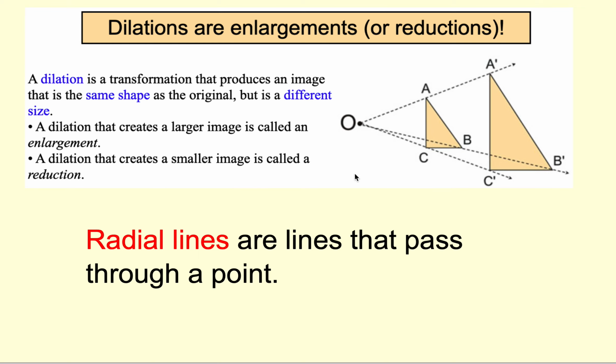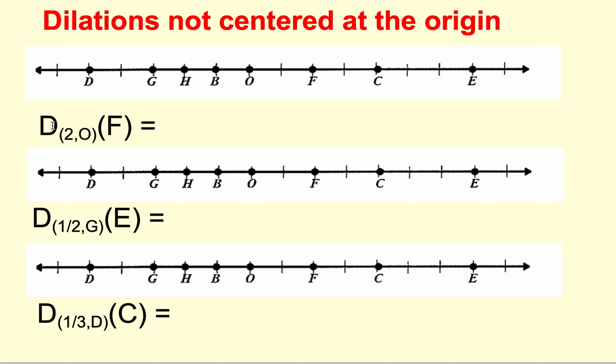All right, let's take a look at this notation. D stands for dilation, 2 stands for the factor of 2, and O is the center of dilation, and what we want to do is move F. So let me go ahead and help you out with this. Right now we are at our center of dilation, which is O, and we want to move F right here.